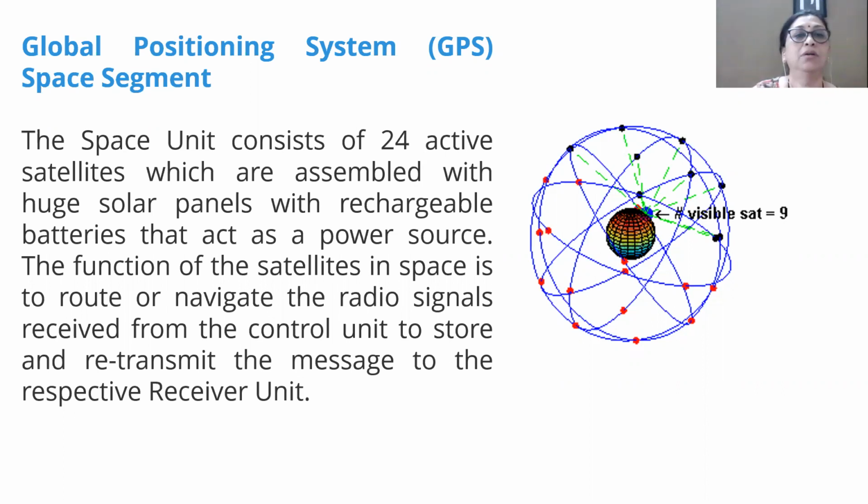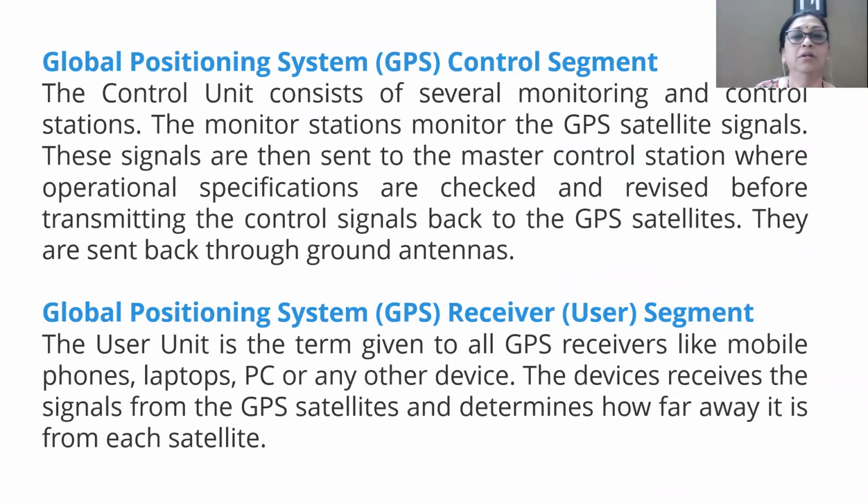Now going to the next segment of the GPS system, it is called the control segment. The control segment is also called the ground station, which is present on the earth.